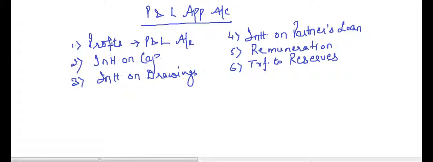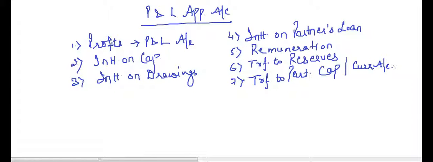And finally, whatever profit is left, we transfer to the partners' capital or current account. So these are the basic points that we have discussed in the profit and loss appropriation account.